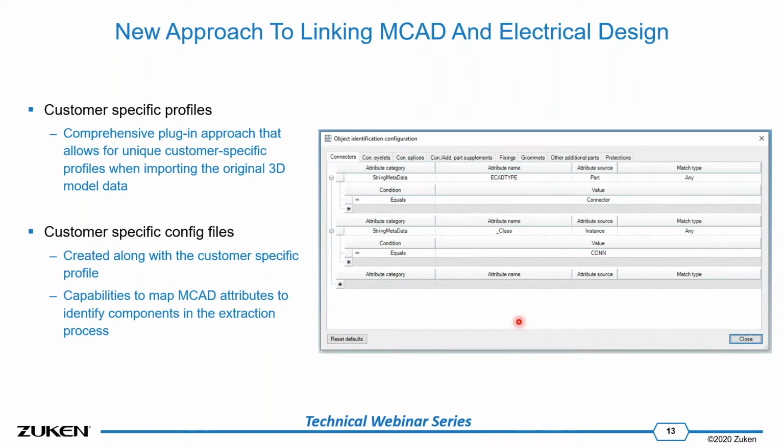In this image, you can see you can assign Boolean expressions to take an attribute from your MCAD, for example this ECAD type, and this is going to be labeled as a connector. This is a plugin within the tool that allows you to have consistency between your MCAD and your schematics, so that your part numbers and everything match up. It allows you to accept a wide variety of different attributes between your MCAD tool and your schematics, ultimately ending up at the right part number or right component.